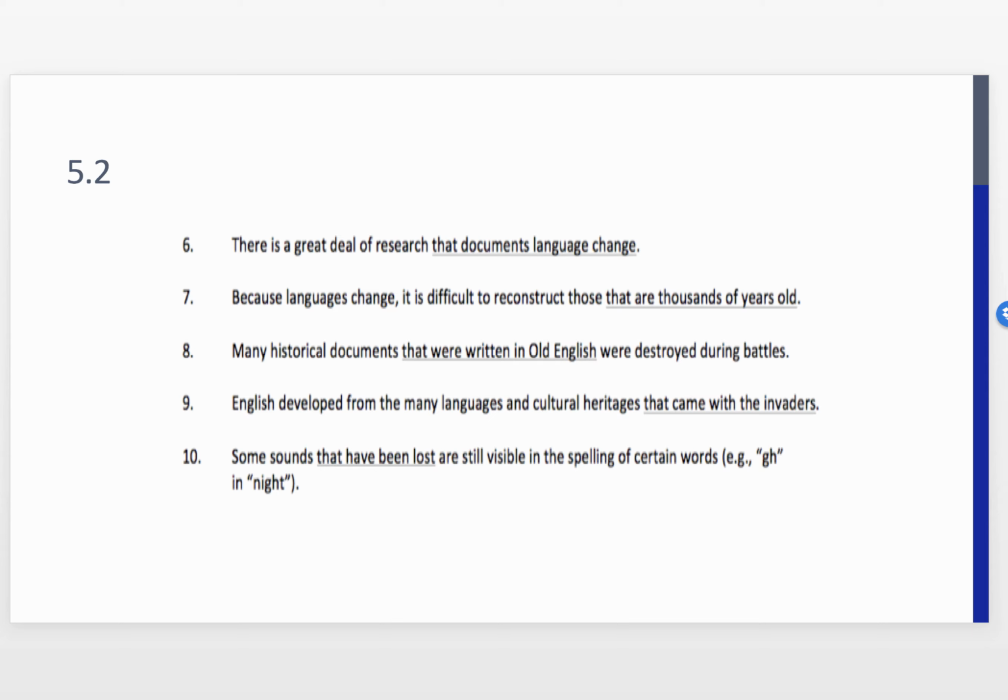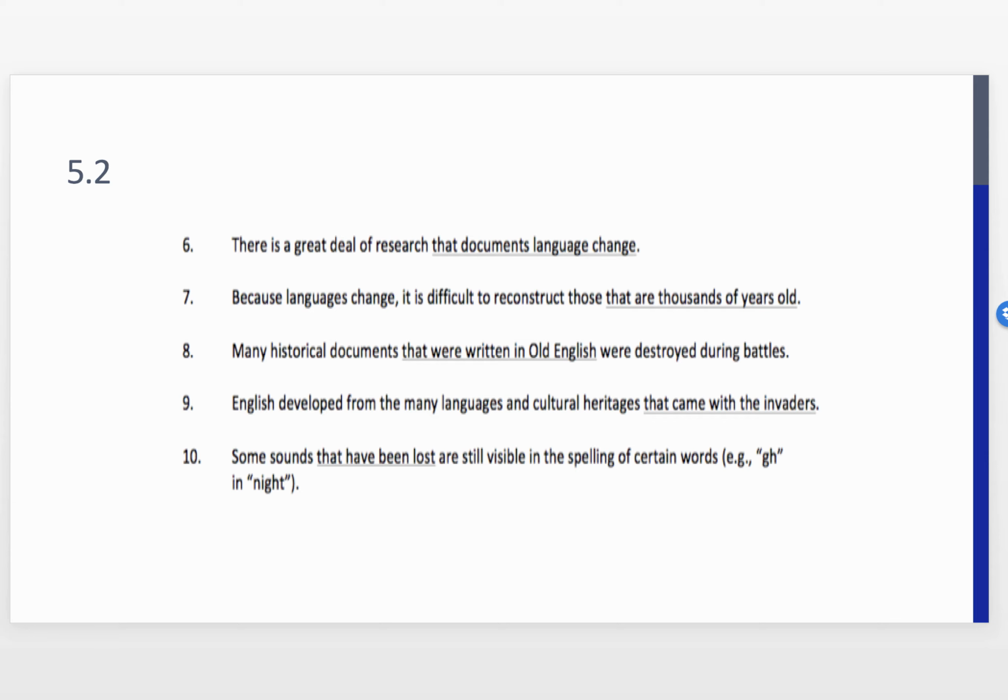It will become more challenging later in the chapter when you have to determine whether that clause is an adjective, adverb, or noun clause. So if you look at this, think about it and notice, well, this is answering that essential adjective question of which type of research, what kind. So what kind of research is it? It's research that documents language change.